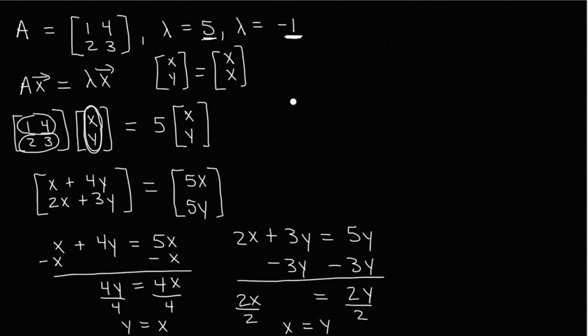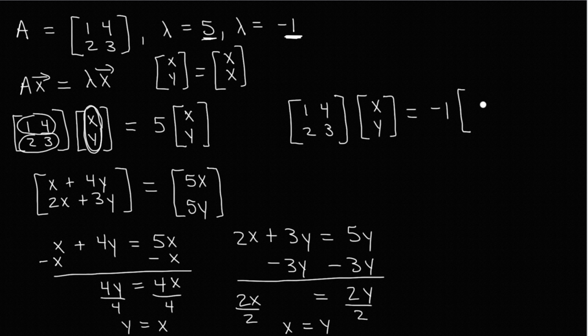So now we'll do the same thing. We'll take our matrix A, we'll multiply it by our eigenvector x, y, and that'll be equal to -1 times x, y. So if we do that, just like before, if we multiply these two matrices, we're going to get x plus 4y, and on the bottom, we'll get 2x plus 3y.